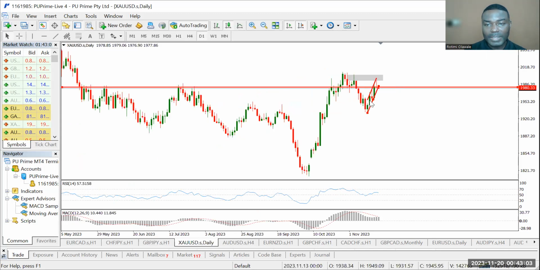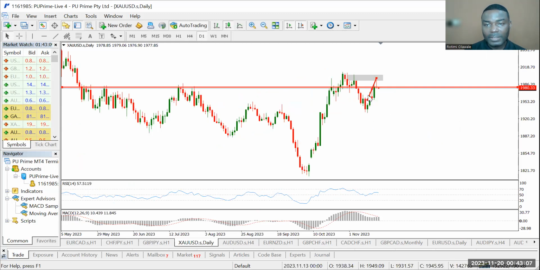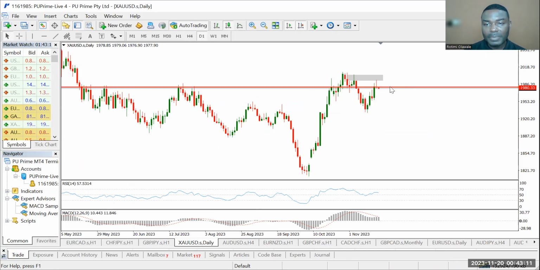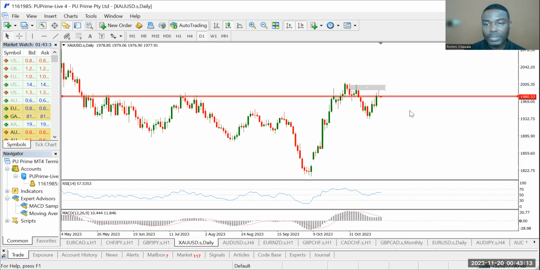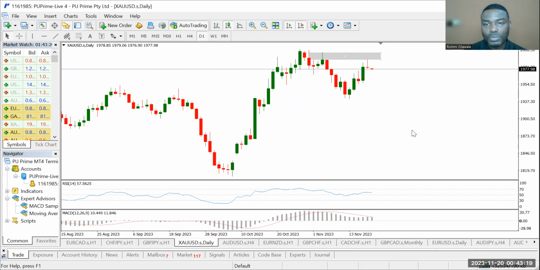Now for gold, let me just remove all this. All right, so for gold, the daily time frame closed at the tip of a resistance zone last Friday, forming a doji, a pin bar, a rejection candle.